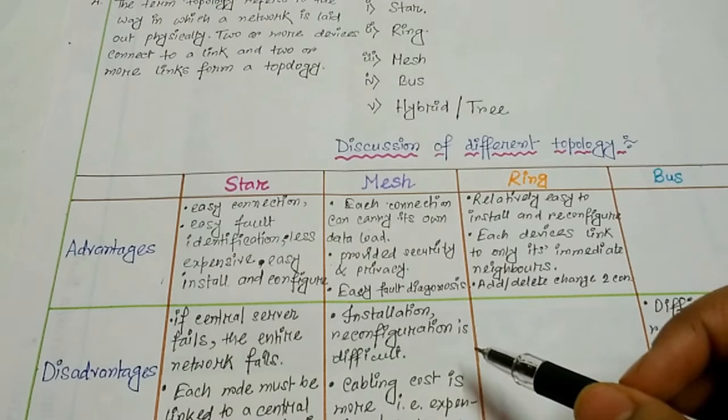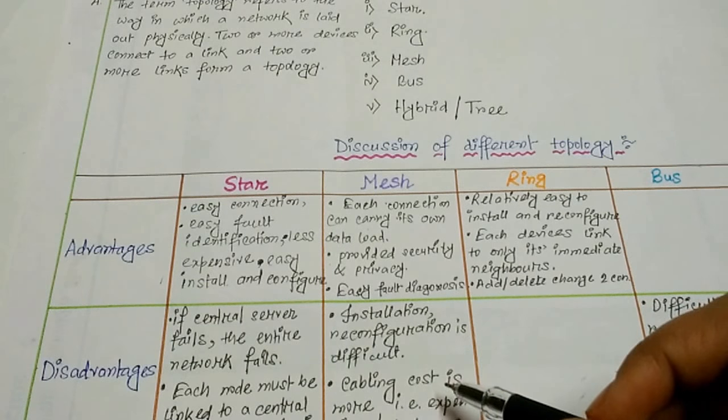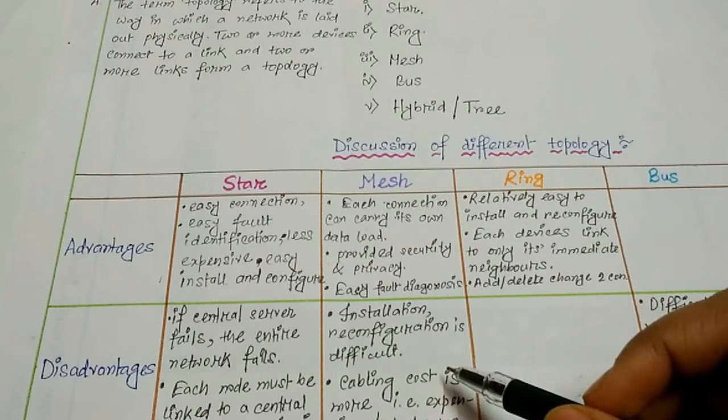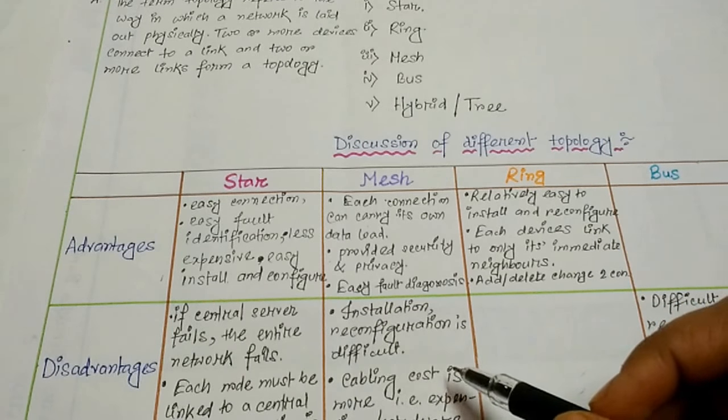And then there are also some disadvantages. Installation and reconfiguration is difficult. Cabling cost is more, that is, the hardware is more expensive.